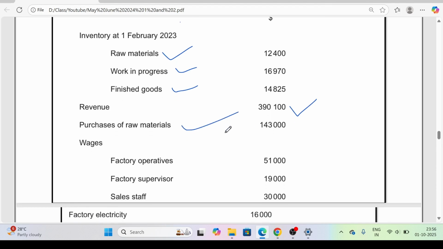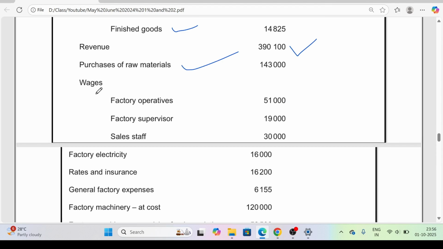Purchase of raw material is there. Wages, okay. These wages they split between three. Very important, this one. Wages: factory operatives is given, factory supervisor is given, sales staff. These wages they split into three divisions.